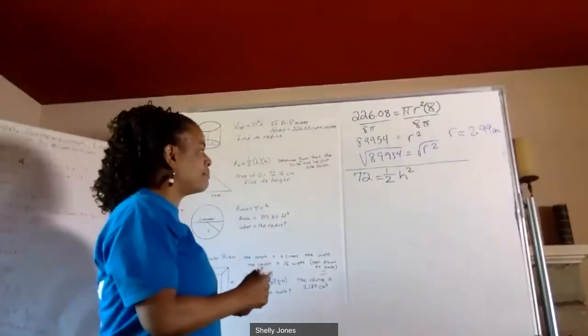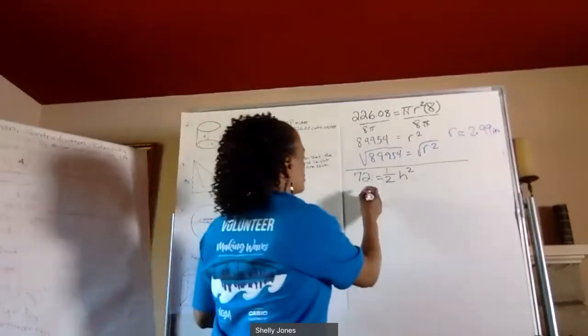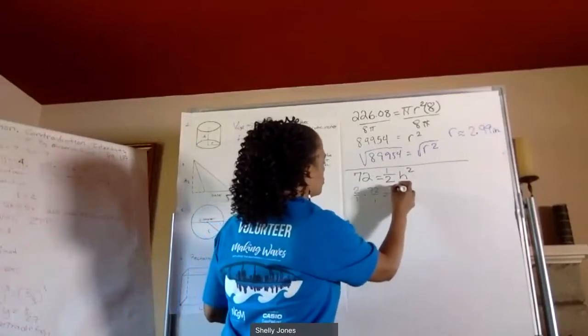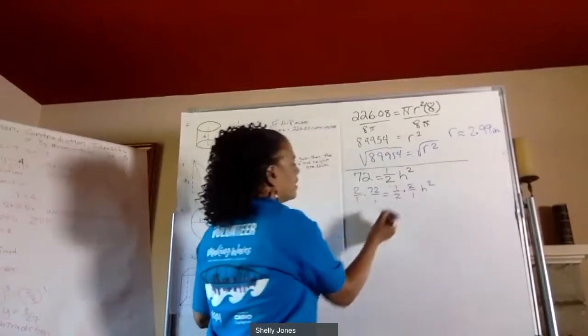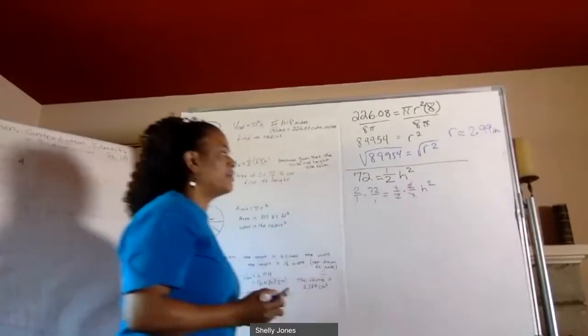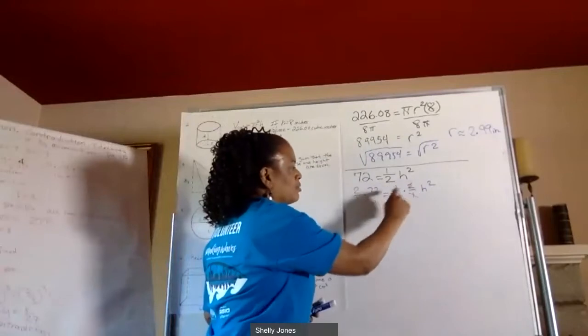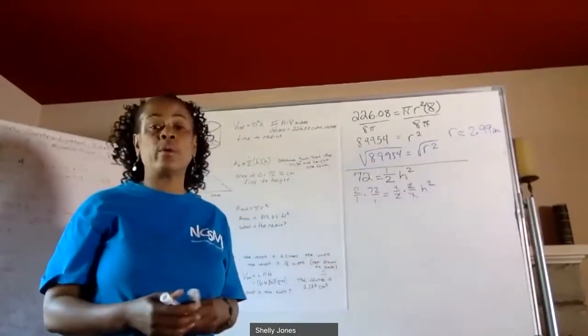If I multiply both sides by 2/1, so 2/1 times 72/1 equals 1/2 times 2/1 h squared. And this 2/1 cancels out, right? Because 1 times 2 is 2, 2 times 1 is 2, 2/2 is 1. 1 times h squared is h squared.